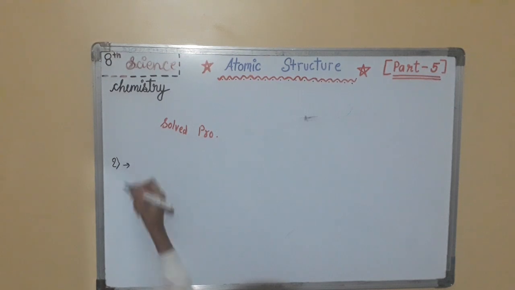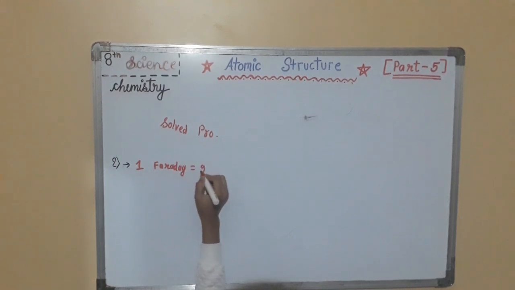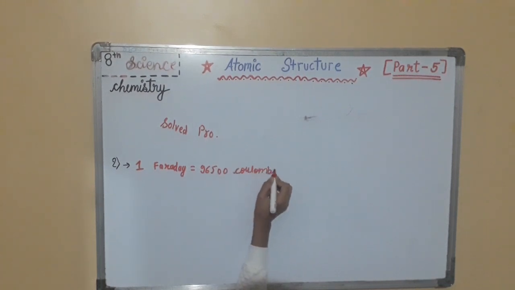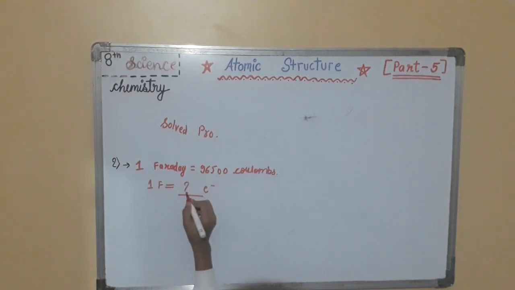So the answer of this question is, given is 1 Faraday is equal to 96,500 coulombs. So 1 Faraday is equal to how many electrons?